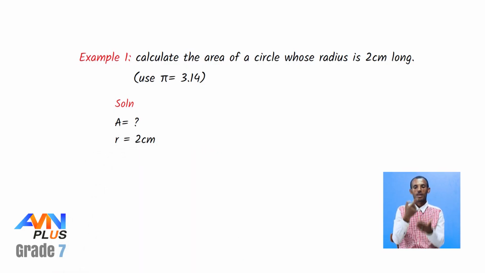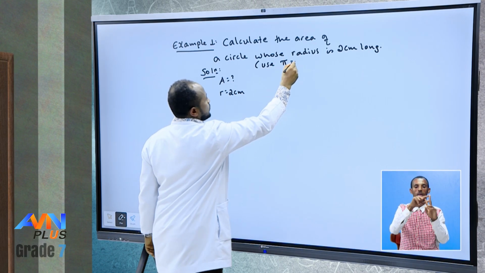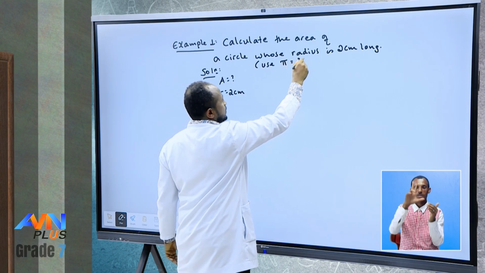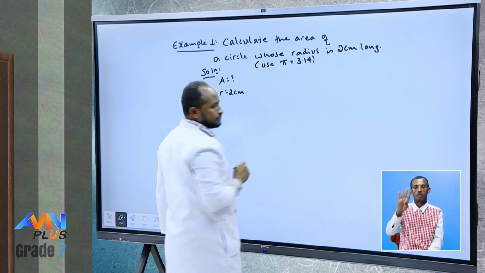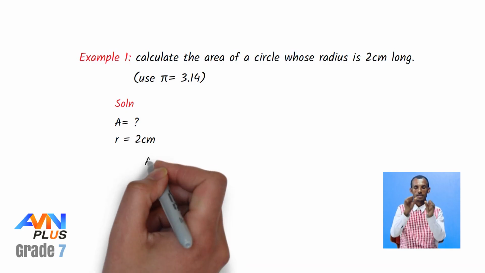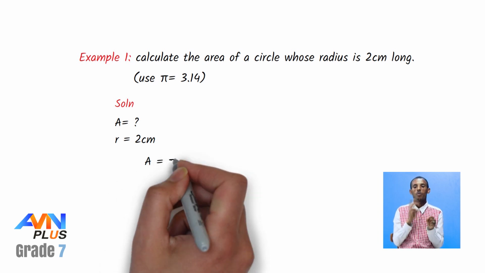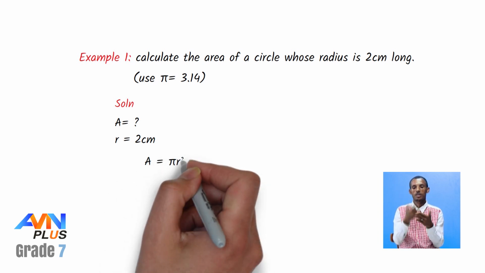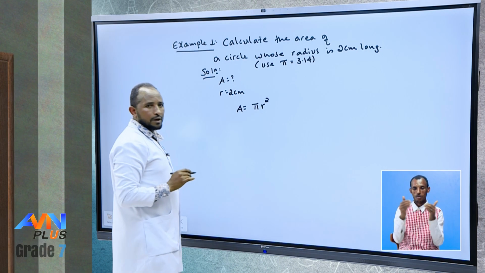Here use pi to be 3.14. So to calculate the area, we can use this equation. The area of a circle is given by pi times radius squared.